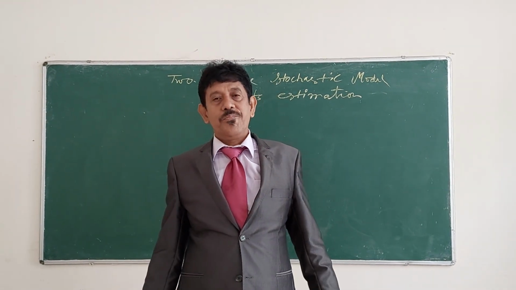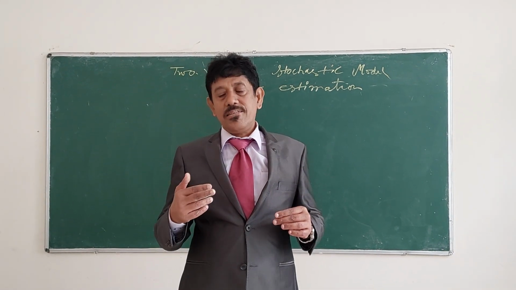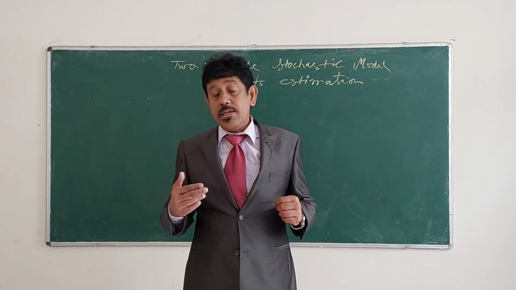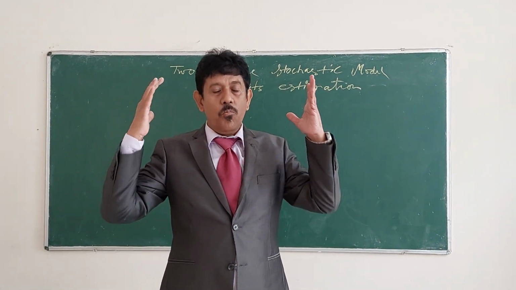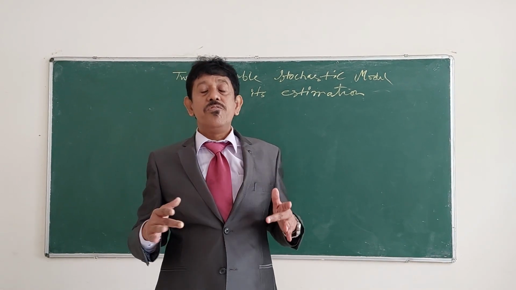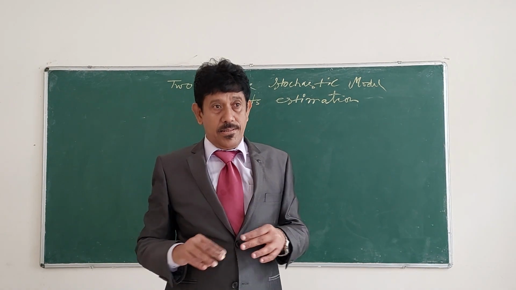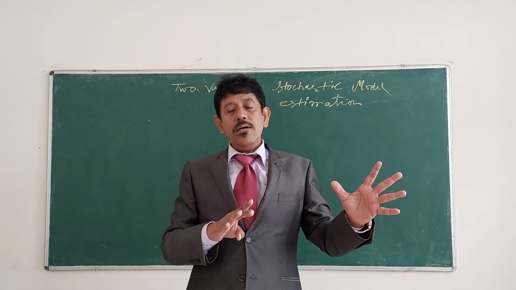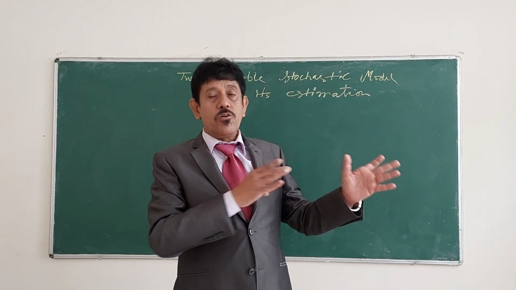Good morning, students. In the last class, I had discussed the basic principle upon which the econometric models are based. The basic thing is the two variable stochastic model, which I had analyzed in the last class, taking the two variables to be income and consumption.